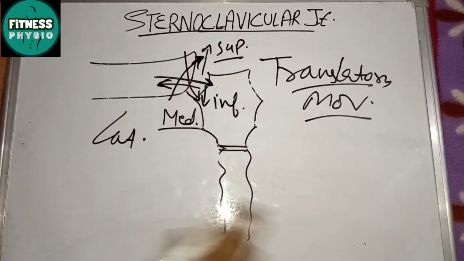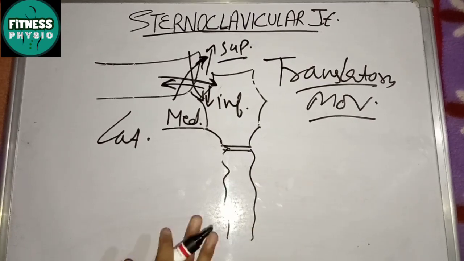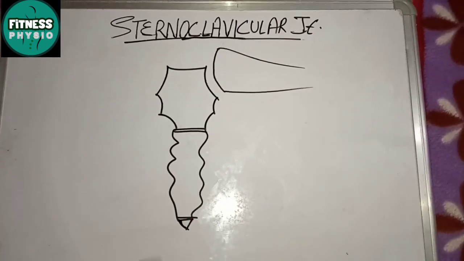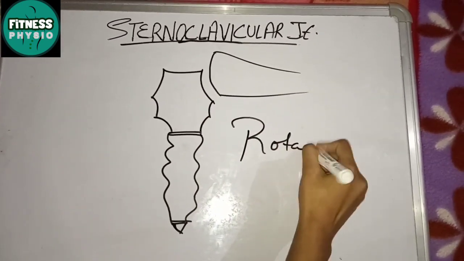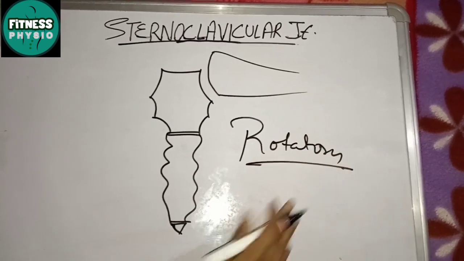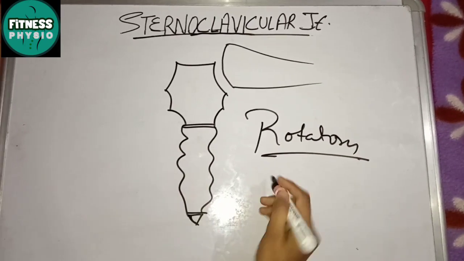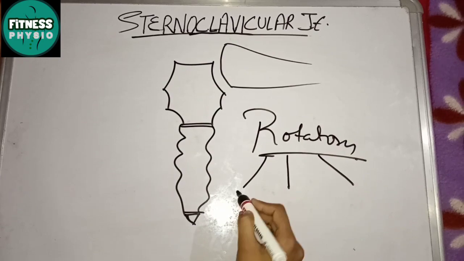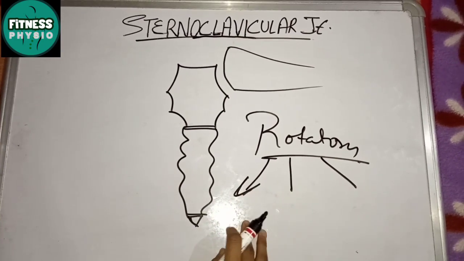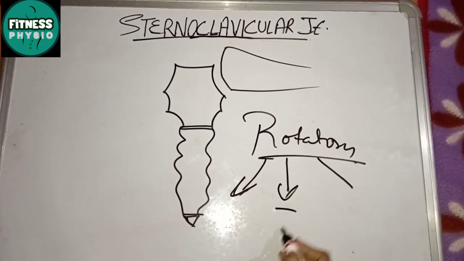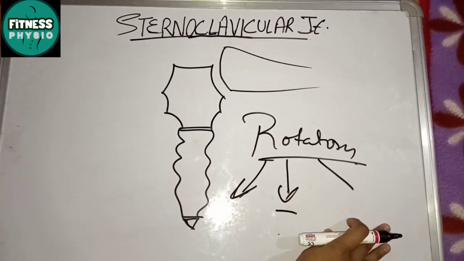So this is all your translatory movement. Next, rotatory movement, which we have already listed: elevation and depression, protraction and retraction, and anterior and posterior rotation.